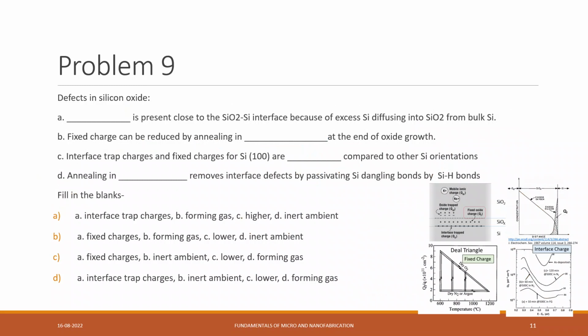So this is the fill in the blanks, which deals with the different defects in silicon oxide. The options are also there, you have to match and tell.